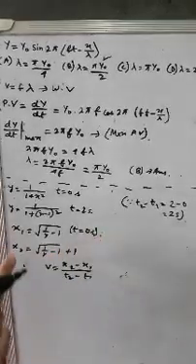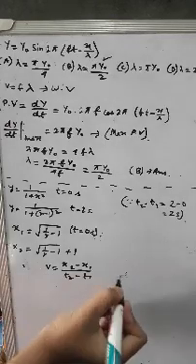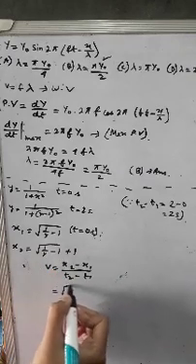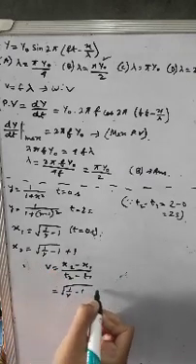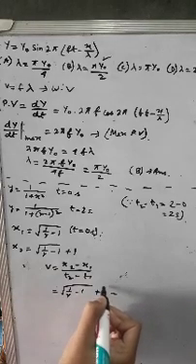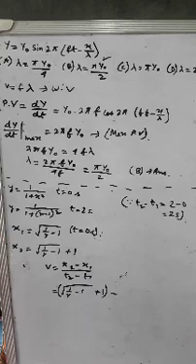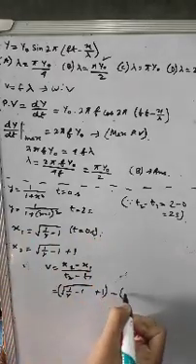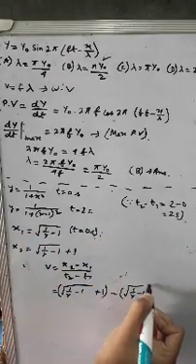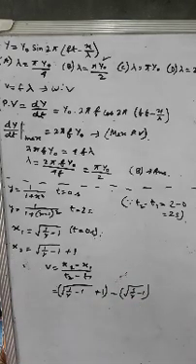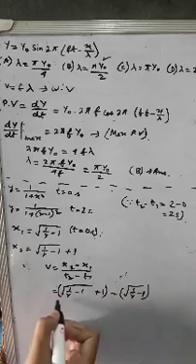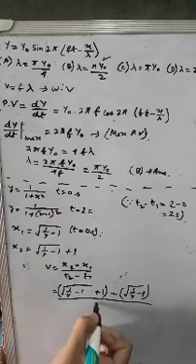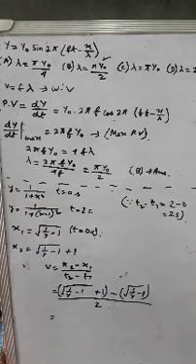So let us write: x2's value is this, minus this, I'm putting in brackets so that you don't make a mistake, and x1's value is this, divided by t2 minus t1's value that I have written, that is 2. So now just do the calculation, students.